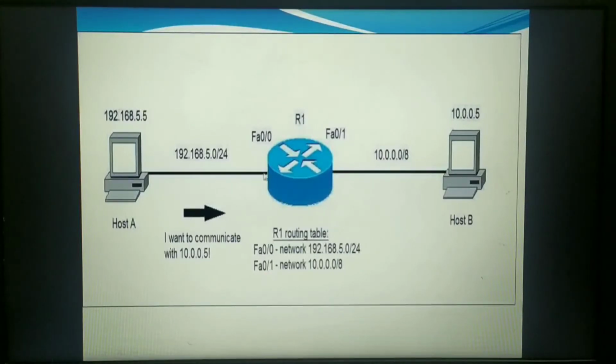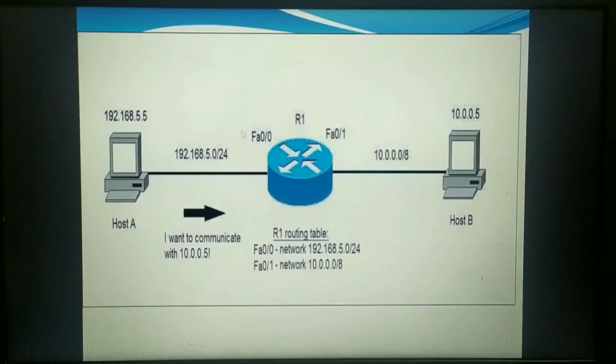As the packet moves here, the router has to check its routing table, and the router will decide where the packet has to be forwarded. There will be many computers connected to this router. It will check its routing table.